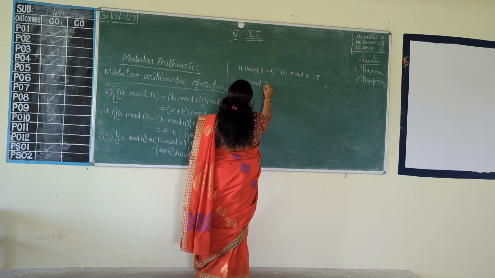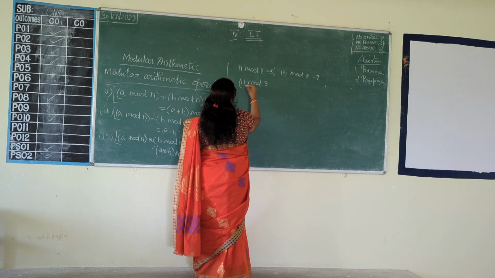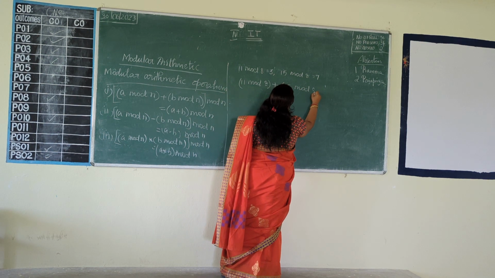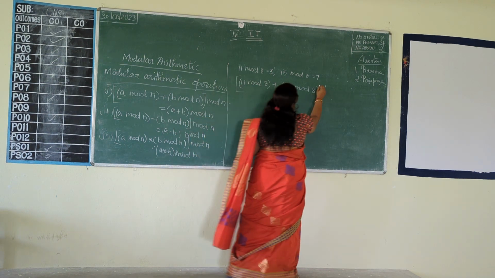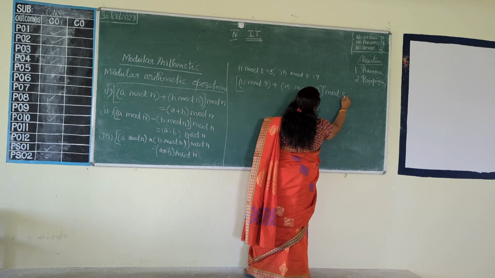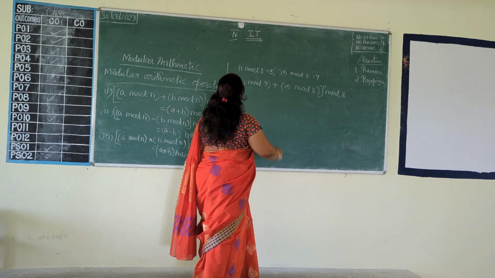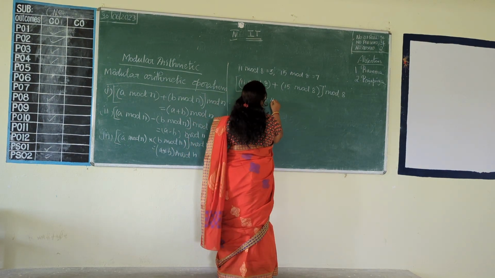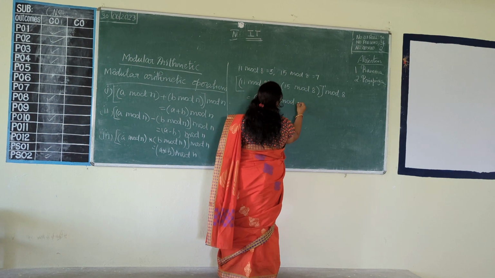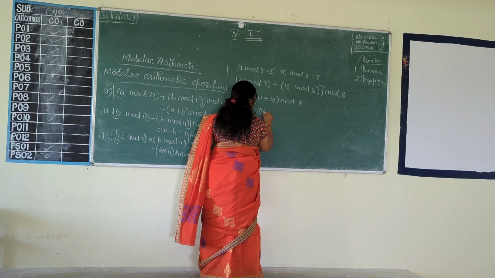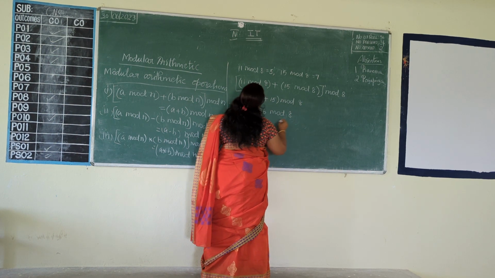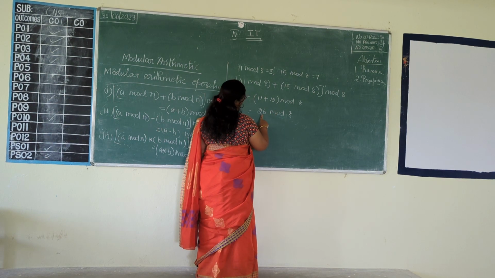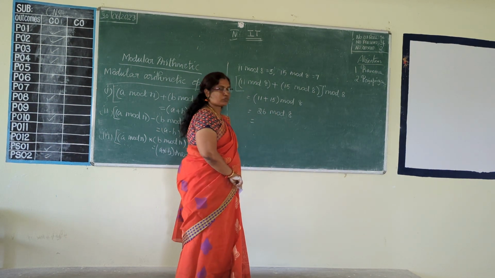11 mod 8 plus 15 mod 8, correct? So this will be 11 plus 15 mod 8, 26 mod 8, which is equal to 2.